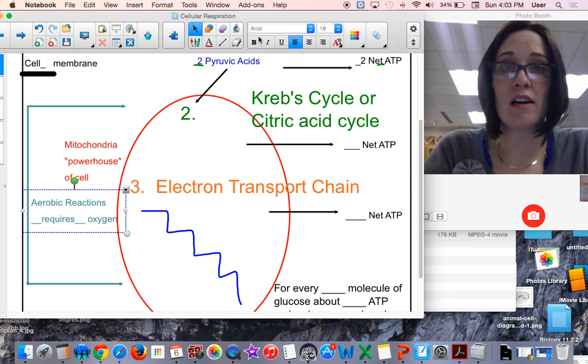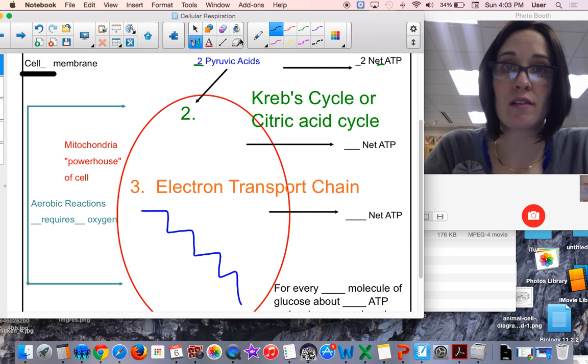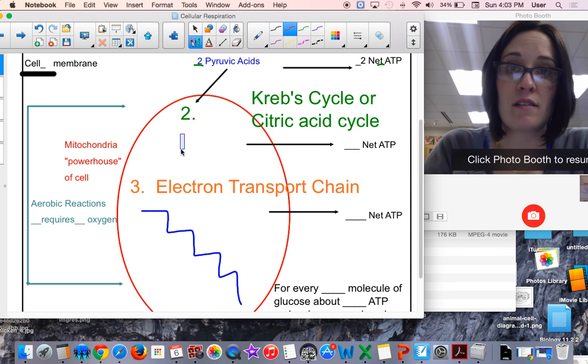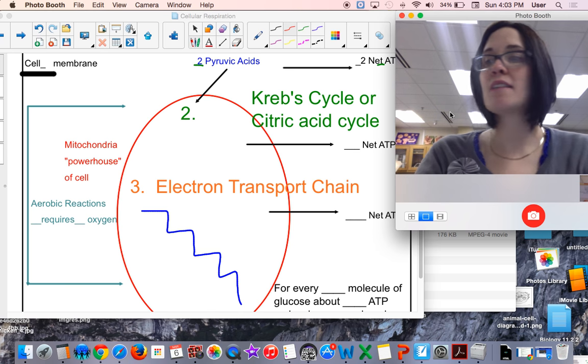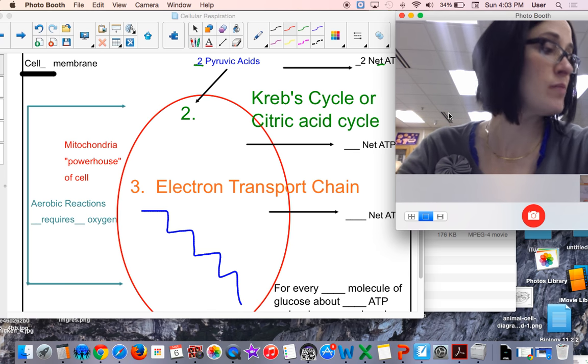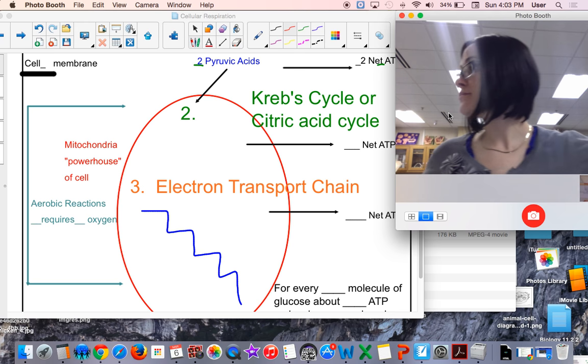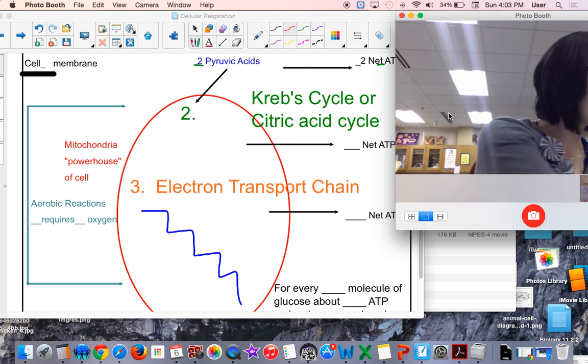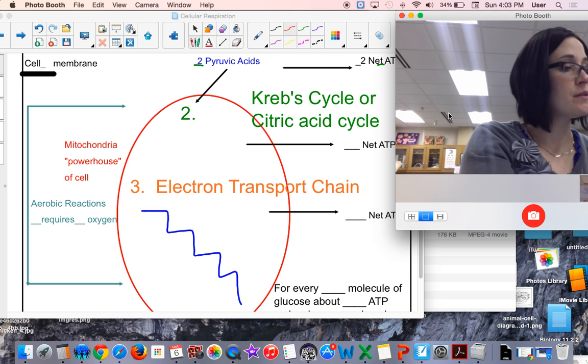If you want to draw, like the little recycle symbol, how one product or something.